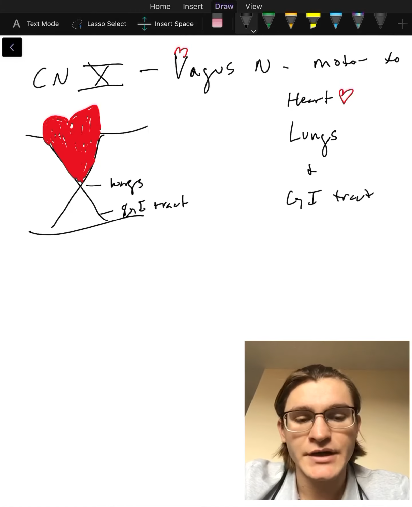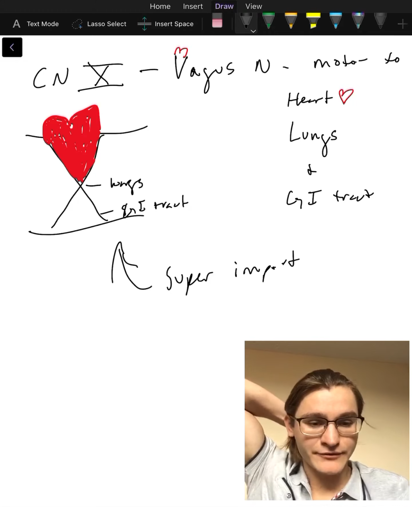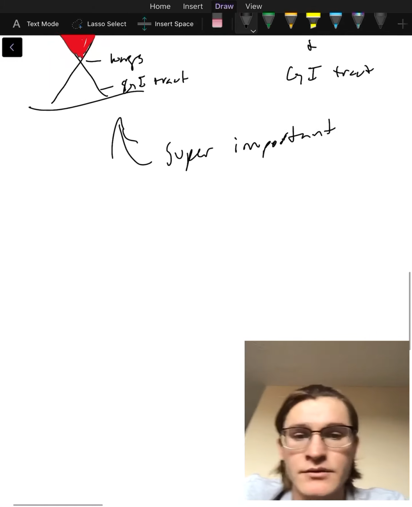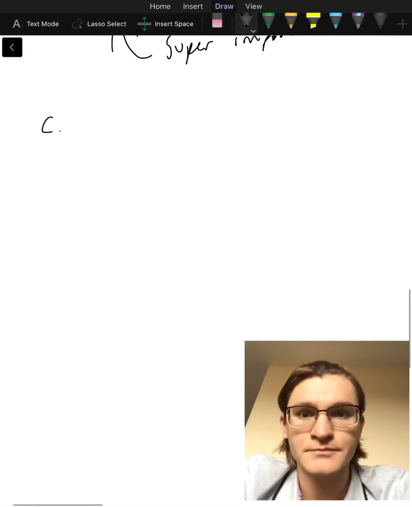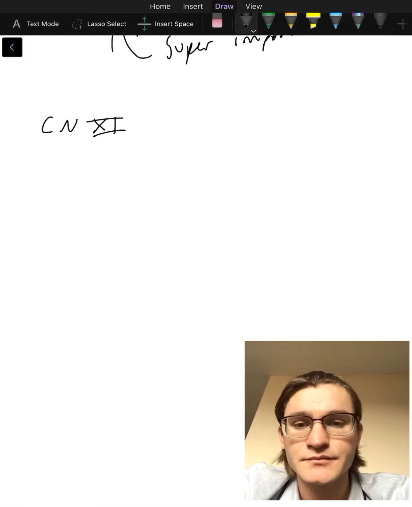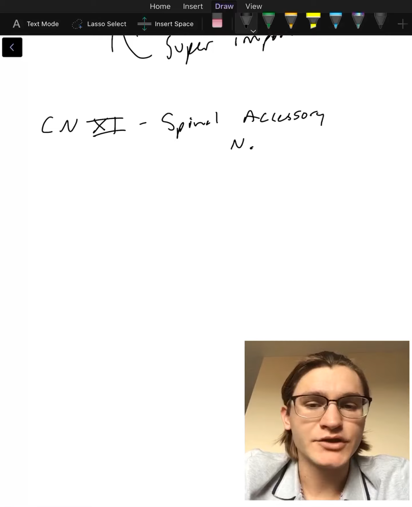So that's cranial 10. Cranial nerve 11 is also going to kind of suck because I don't have one for cranial nerve 11. So let's move on. Let's go. Cool. Cranial nerve 11. This is going to be your spinal accessory nerve. I don't know if you remember from gross anatomy, but it's the big triangle on your back.